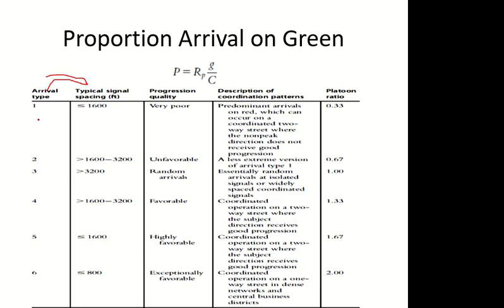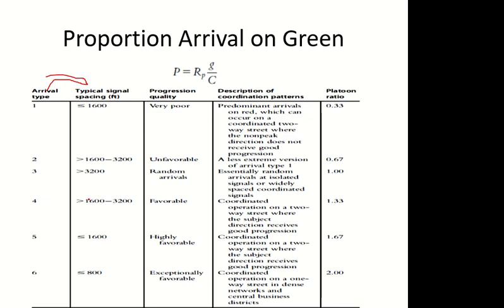Arrival type 2 is signals are far from each other and the vehicles are still coming randomly. 3 means signals are very far from each other and we still have random arrival.